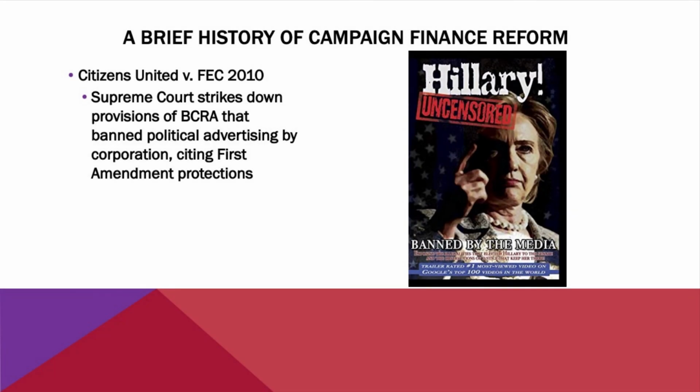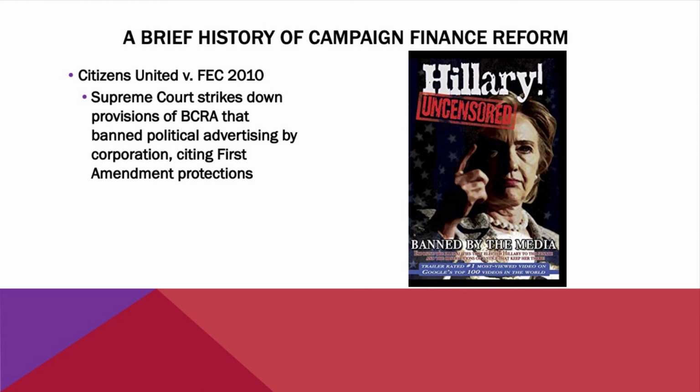Then, in 2008 is where the rules of campaign finance began to truly come off the rails. The BCRA also included provisions regulating electioneering communications, which are defined by the FEC as those communications that refer to a federal candidate in the days leading up to an election.